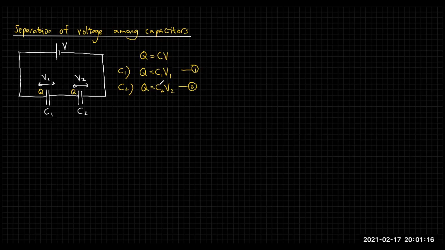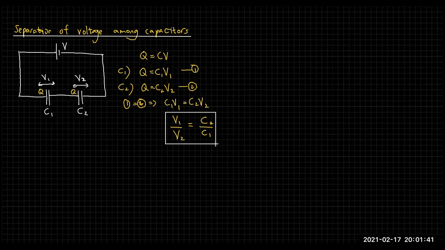You should be able to understand they are the same Q, therefore the first equals the second. You can say C1 V1 equals C2 V2. Therefore, V1 over V2 is going to be C2 over C1.